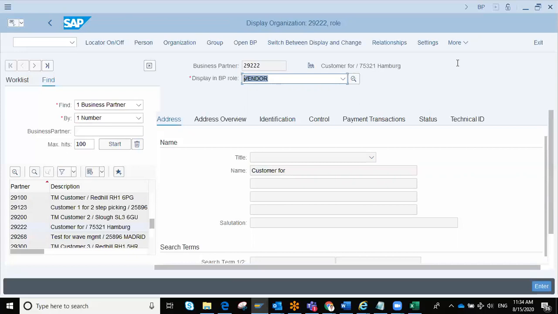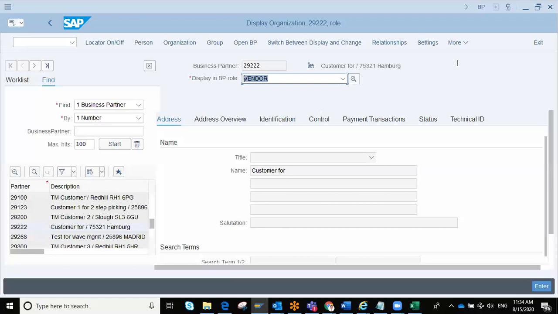So this integration of customer and vendor, because a customer can be a vendor of a company. Similarly, sometimes a vendor can be a customer of a company. SAP also realized that an employee can be a vendor or a customer of a company based on the requirement, like Amazon, Flipkart, Samsung, LG Electronics.